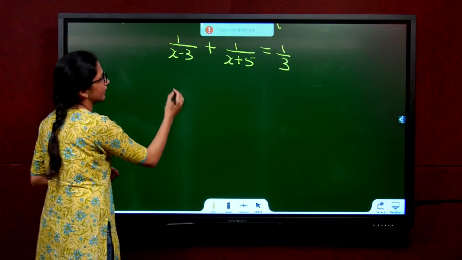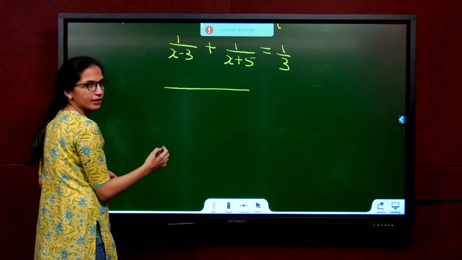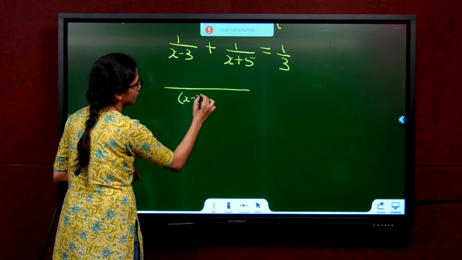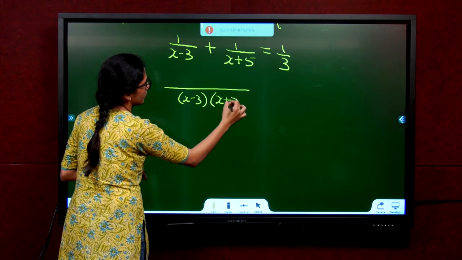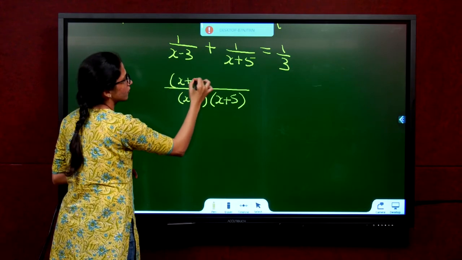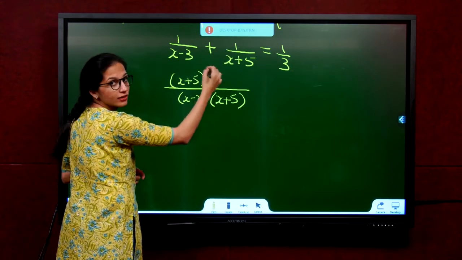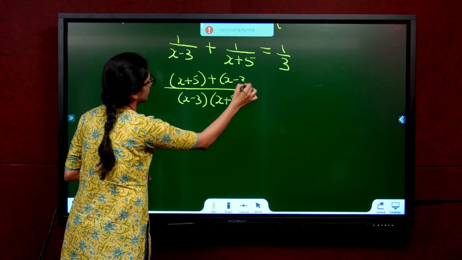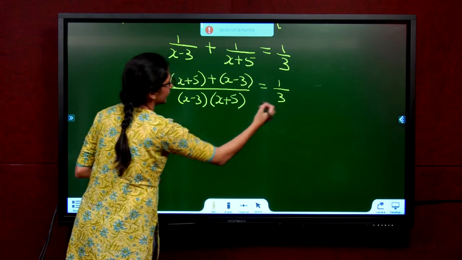So now taking LCM, x minus 3 into x plus 5. This is the LCM. So here it will become 1 into x plus 5 plus 1 into x minus 3 is equal to 1 by 3.